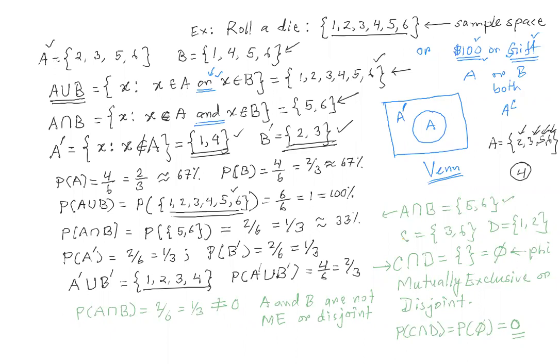Now, are you okay with these things? With this definition of set and definition of events and how an event happens, under what circumstances, when it does not happen. Like event B is going to happen if you roll a die and you get either 1 or 4 or 5 or 6. Event A is going to happen if you roll a die and you get 2, 3, 5, or 6.